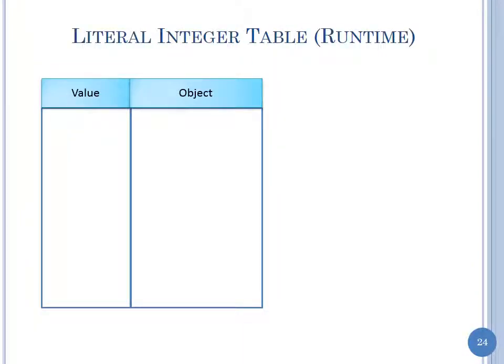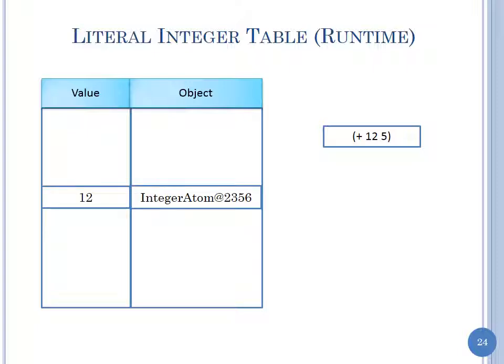So let's first talk about reusing atoms. Let's just focus on integer atoms for now. If I say plus 12, 5, I need an atom 12. I need the atom 5. When I need 12, I can allocate 12.